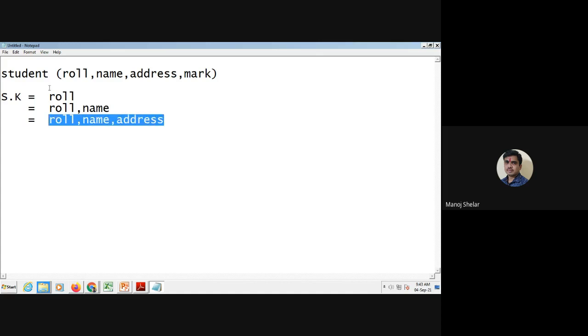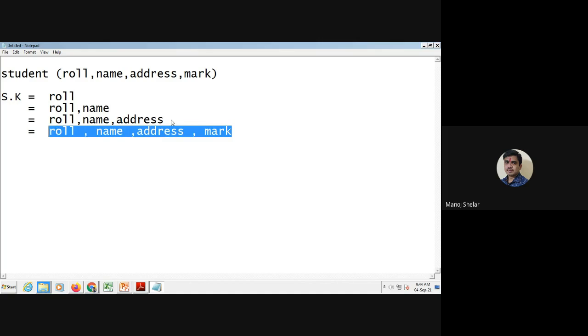Roll number is a key attribute. Then roll number, name, address, and mark is also a super key, because the key attribute roll number is available in this set. So I think this is the super key concept.